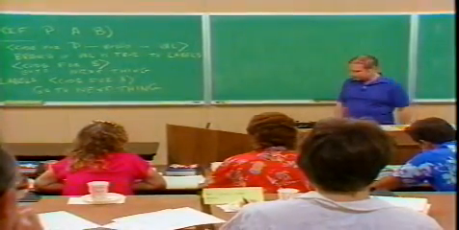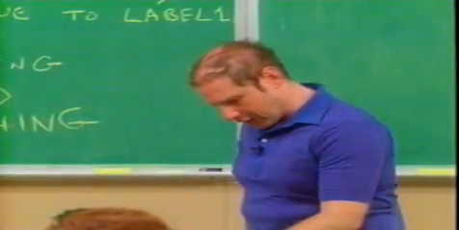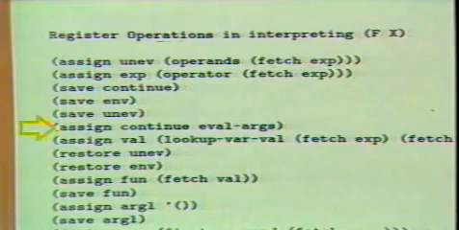Similarly, again, if we go back and look here, there are things like assign to continue eval args. Now that has nothing to do with anything. That was just the evaluator keeping track of where it should go next, to evaluate the arguments in some application.